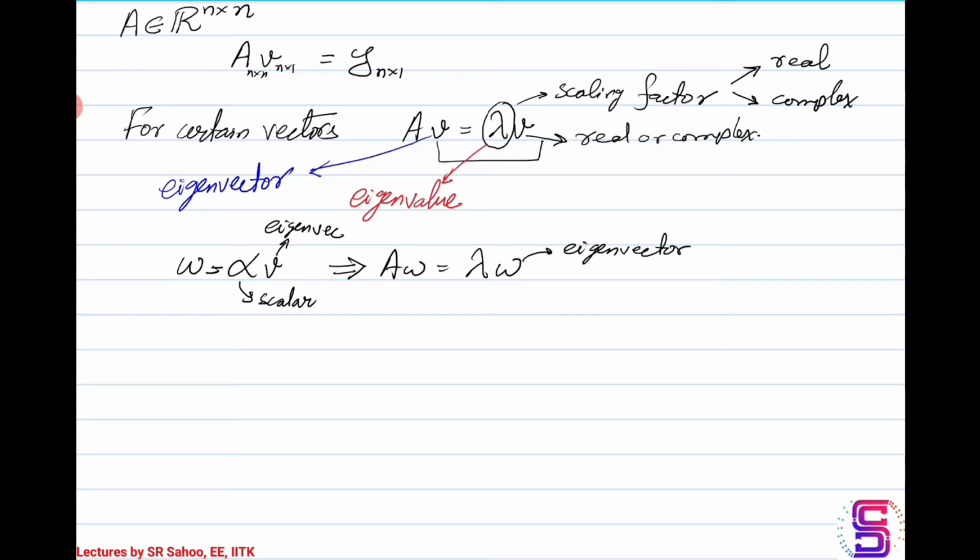Okay, so what this is essentially saying is, let's consider a matrix [2 0; 0 3].